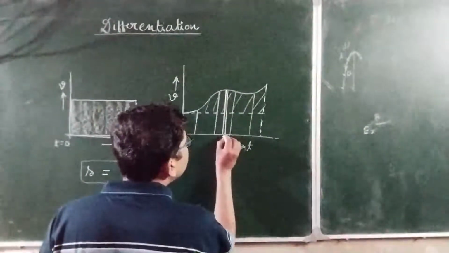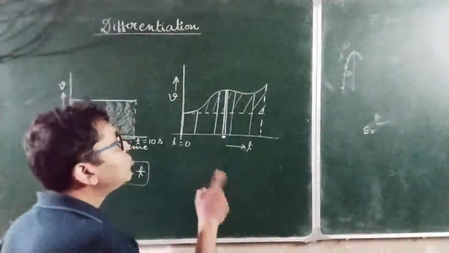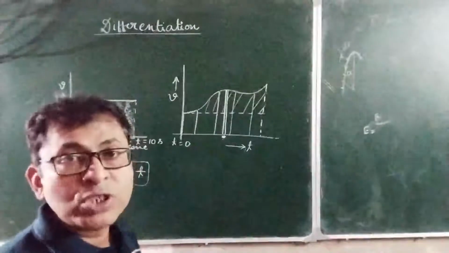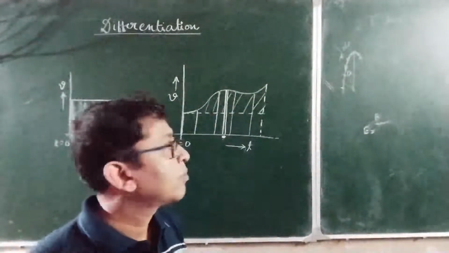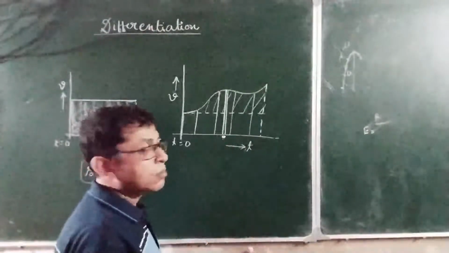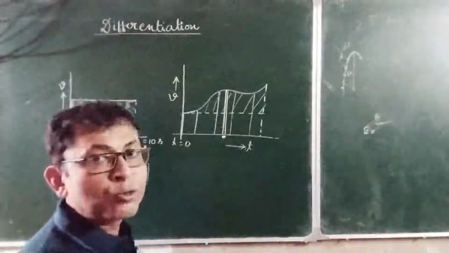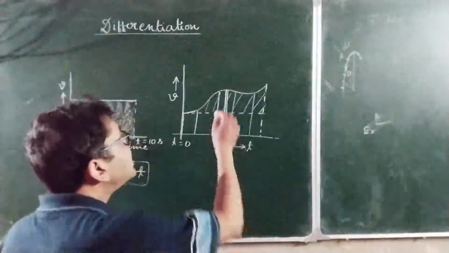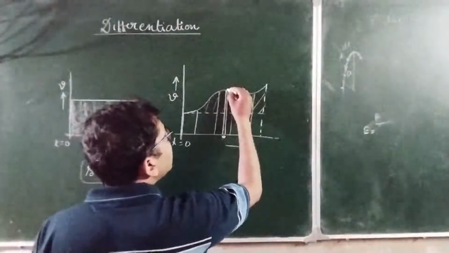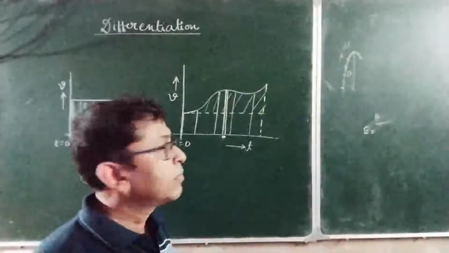When we divide the total time into such a section which almost reaches the value of 0, then in that extremely minute time interval, the displacement here and the displacement here can be taken as almost the same.